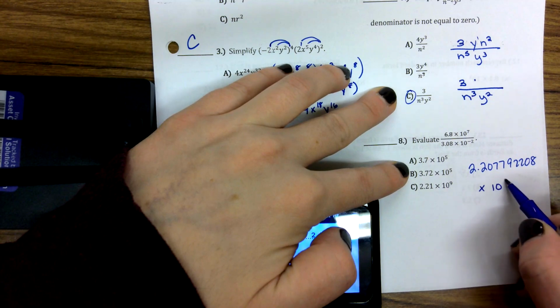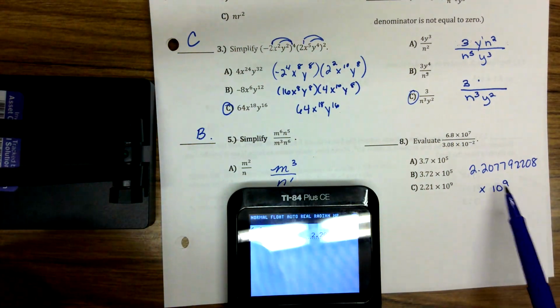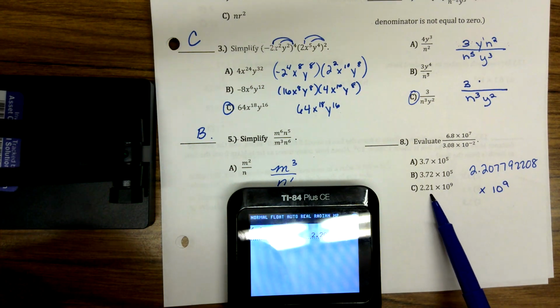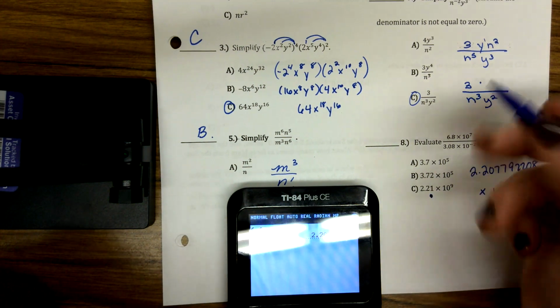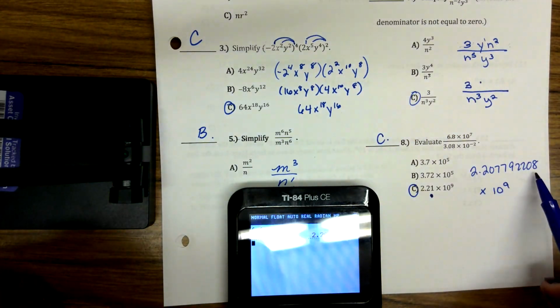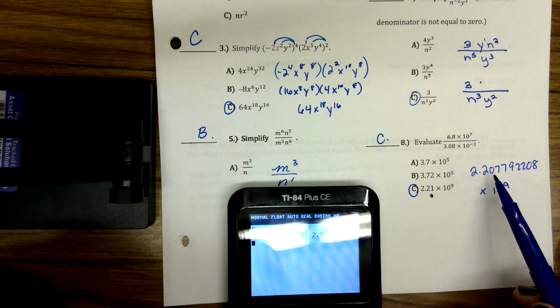So times 10 to the 9th. Because we can't write this all out, it shortened it to the nearest hundredth, which is fine. And you have C. So yes, when you have numbers like this, if you want to shorten it to the nearest hundredth, which would be a 1 because 7 is bigger than 5, that is sufficient. Next page.